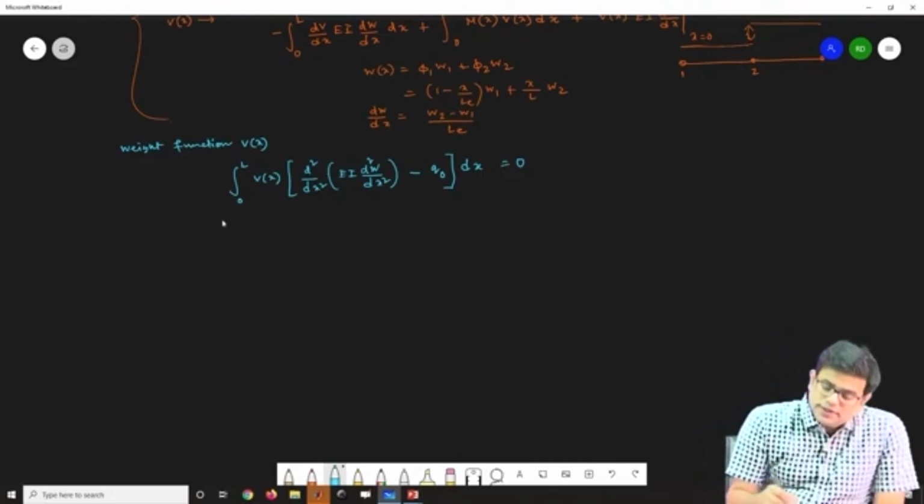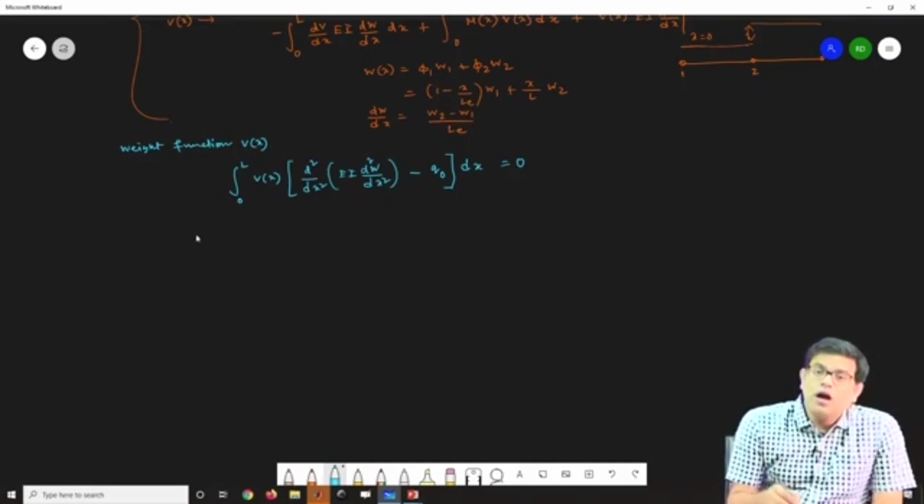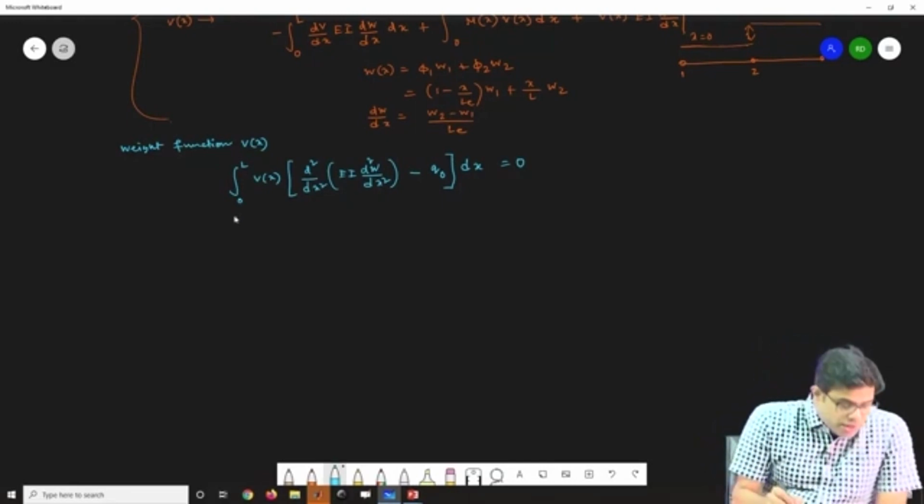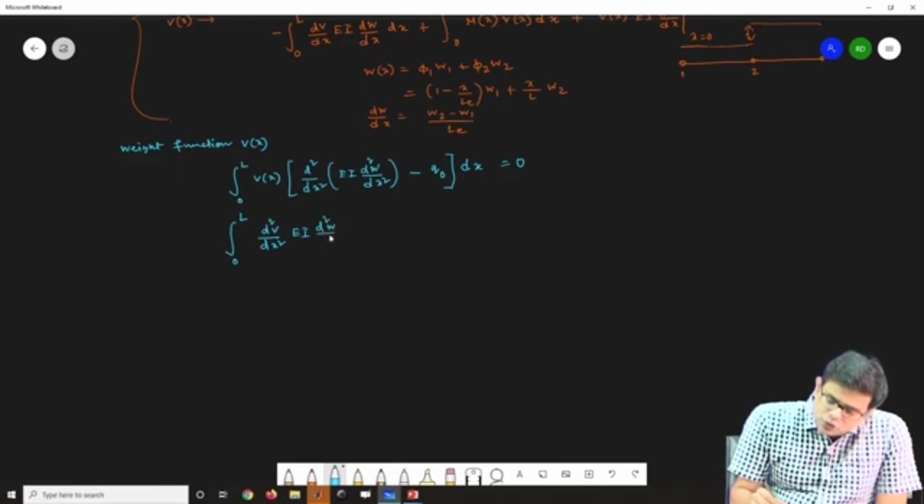So now this is a fourth order equation. So we have to do 2 times integration by parts, and if I do that 2 times integration by parts, then it will look like this: integral 0 to L d2v/dx2 and then EI d2w/dx2 dx.